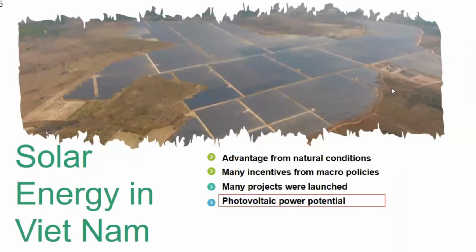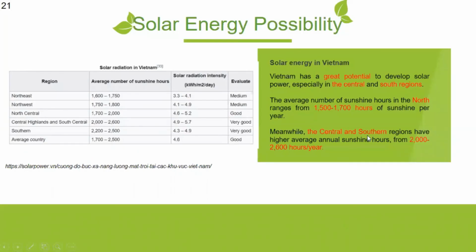In the final section, we discuss solar energy in Vietnam. And you can see in the table, Vietnam has a great potential to develop solar power, especially from the Central Highlands to the south.